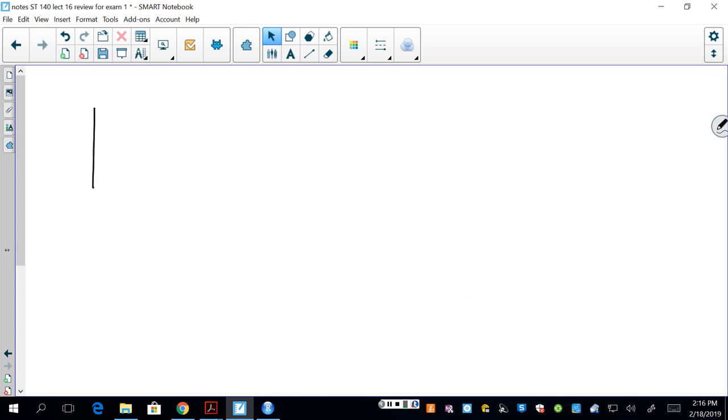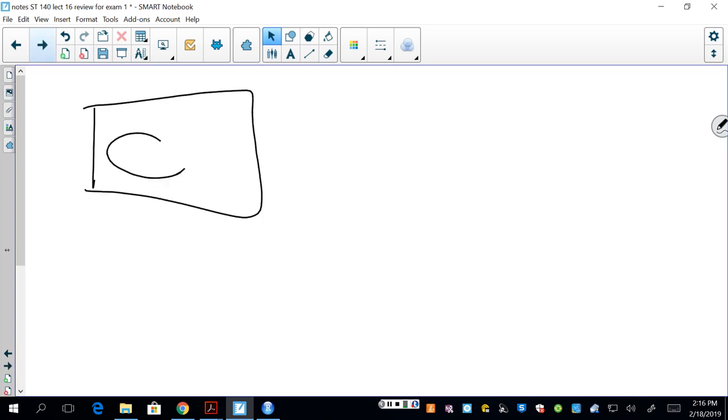The Venn diagram type stuff is going to use language like: you have the probability of this group, the probability of that group, maybe both of them, maybe neither of them, either one. So this little area in here would be both.